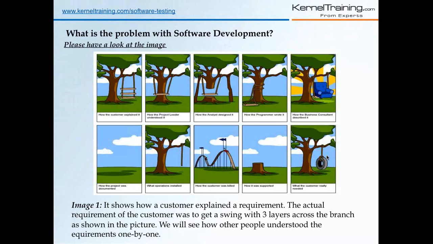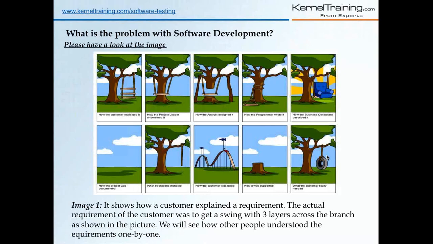What he wanted was a 3-layer swing across the branches, so that someone can sit and swing on that particular tree.